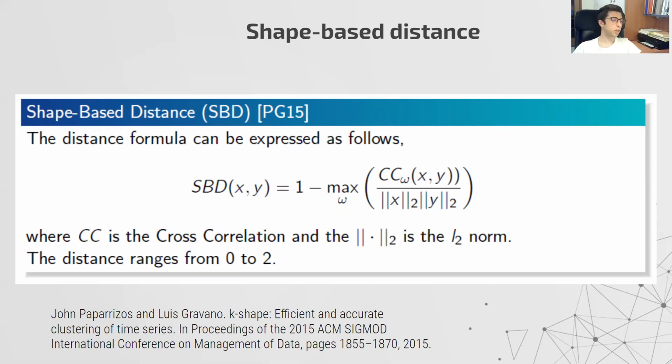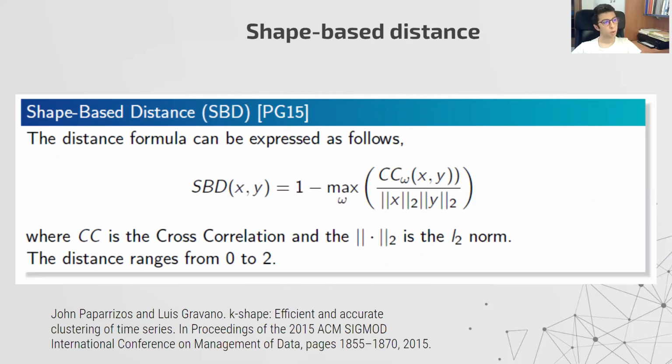So this is a number that goes from -1 to +1. 1 minus a number from -1 to 1 goes exactly from 0 to 2 in this formulation.